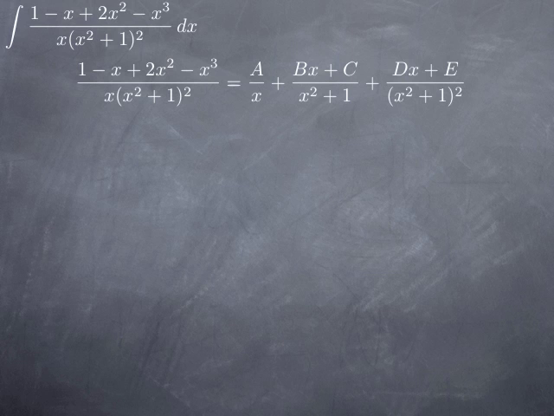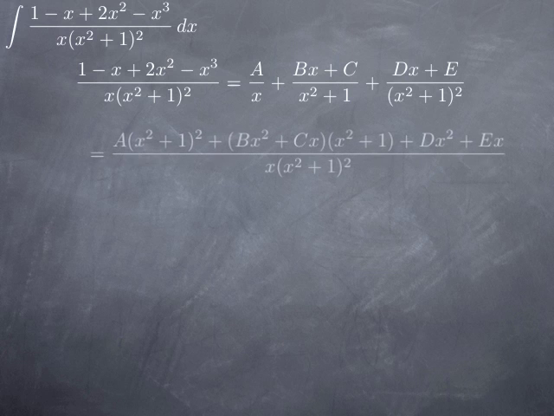And now we need to find these coefficients a, b, c, d, e, and to do that we're going to rewrite the right hand side as one fraction and identify the numerators. So if I multiply things through, you see that to write the right hand side as one fraction with denominator x, x squared plus 1 squared, I need to multiply top and bottom for the first term by x squared plus 1 squared, so I get a times x squared plus 1 squared.